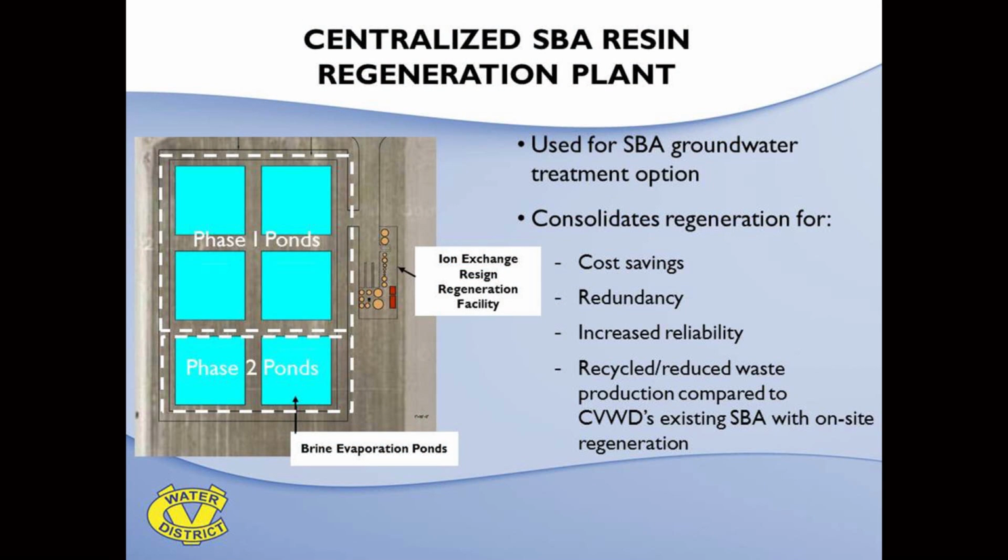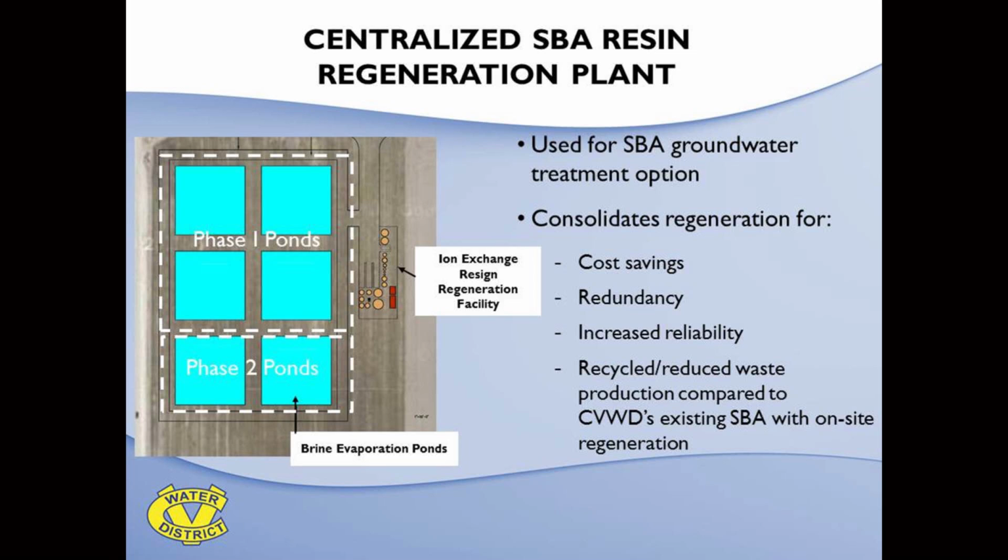For the strong base anion exchange resin facilities, what we're proposing to do is to remove the resin from those sites that you just saw and treat it at a centralized facility. This facility will probably be located on one of the many parcels of land that we own, away from the public, out in the desert somewhere.